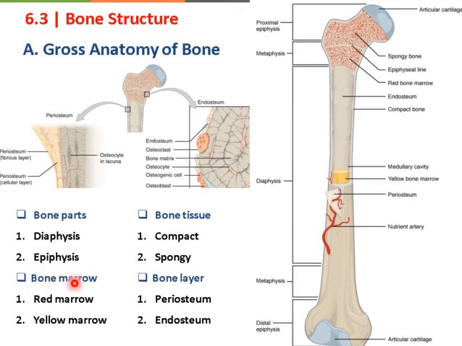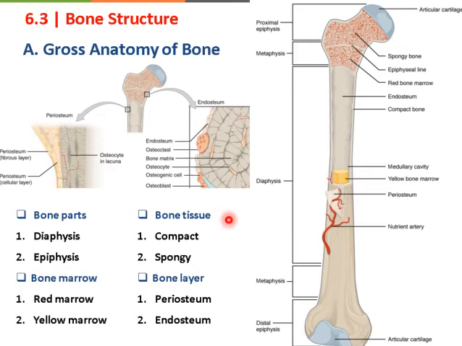In terms of bone marrow, we have to understand the red bone marrow, which is mainly located in the epiphysis and responsible for the production of red blood cells. And we have the yellow bone marrow, which is mainly found at the diaphysis in a cavity called the medullary cavity, and is responsible for storing and releasing minerals and storing fat.